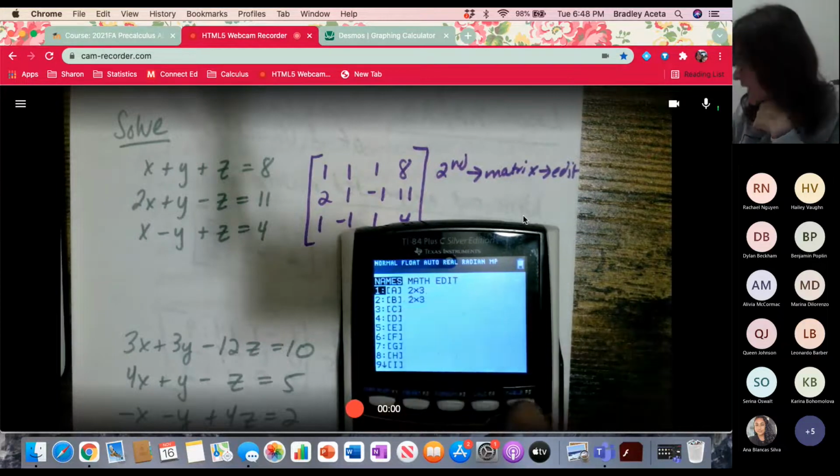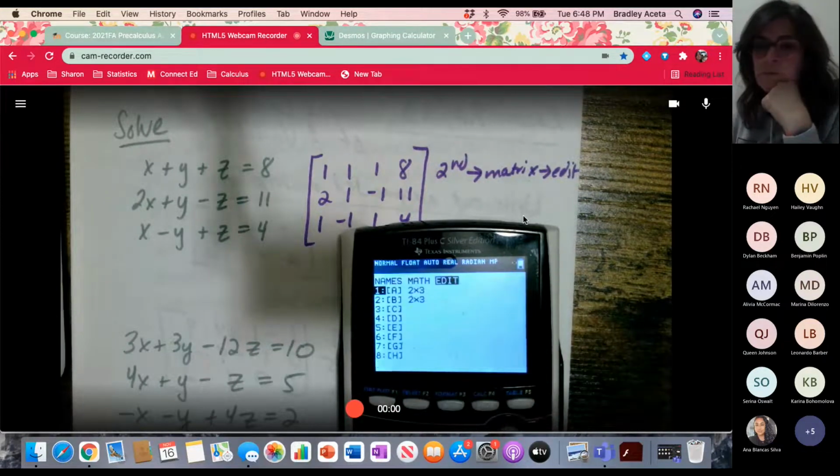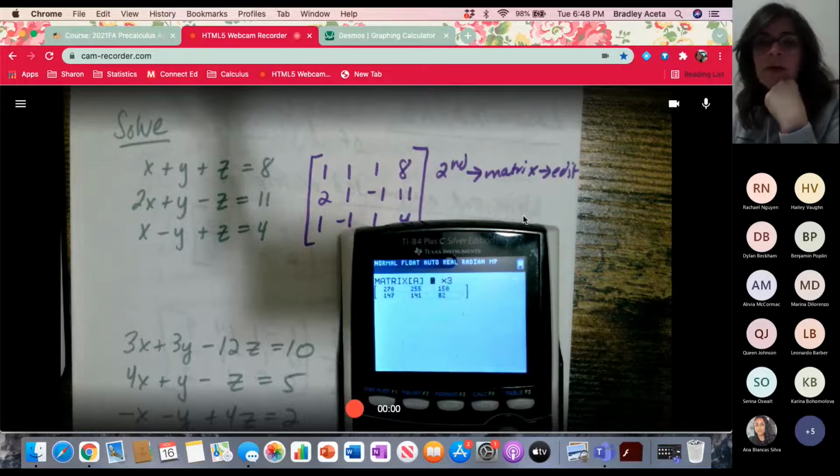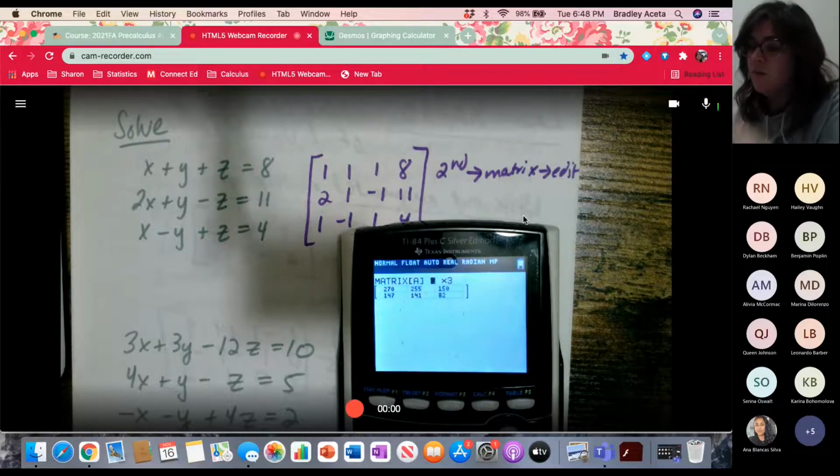So I'm going to go over to edit. And it looks like it's the same thing. Well, you're just going to hit enter. And then you have this matrix and it's a 2 by 3, it says. Well, I don't want it to be a 2 by 3.